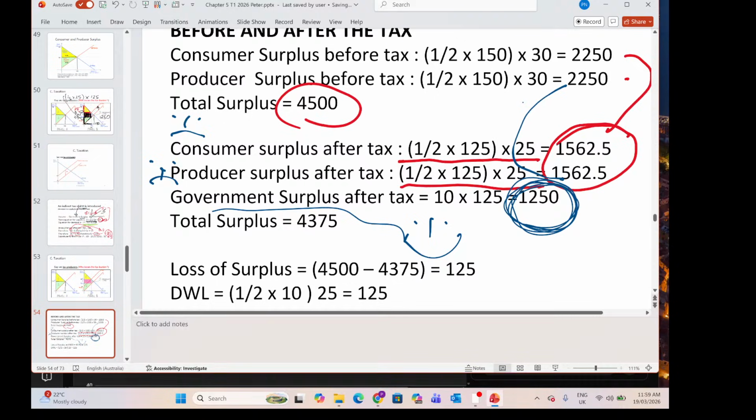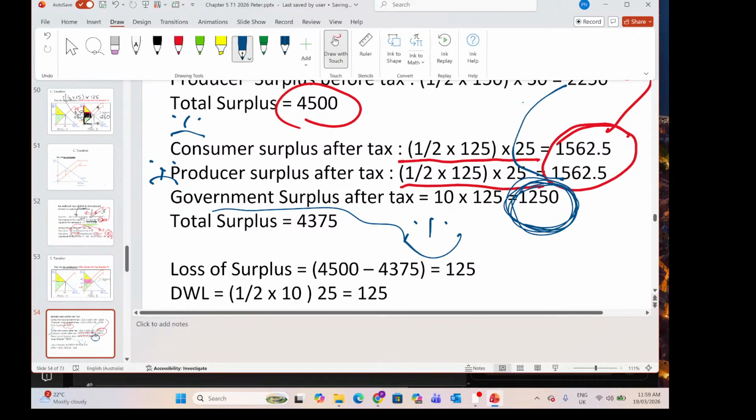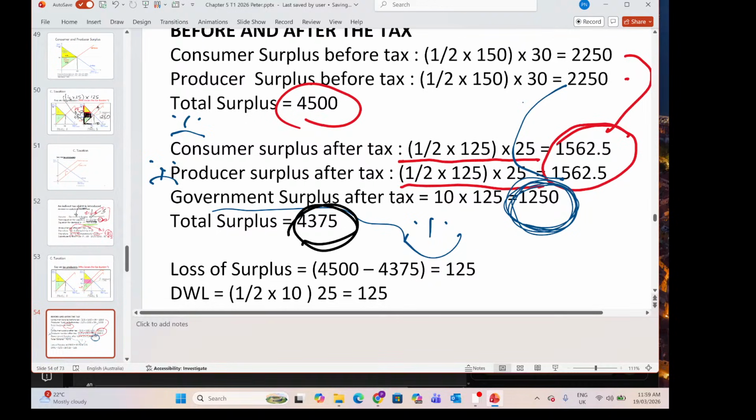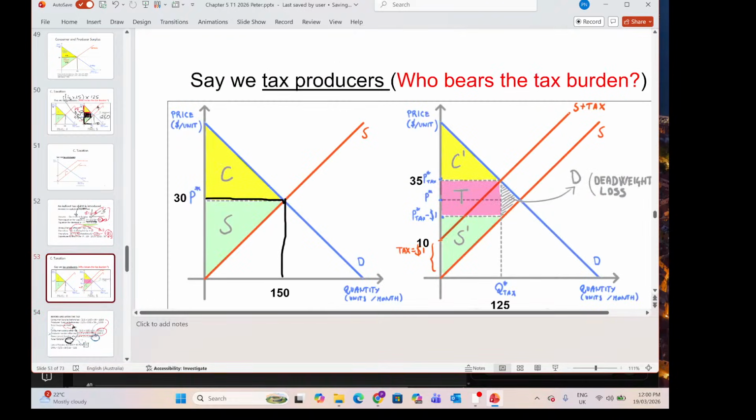But the lesson that we need to take from this is that the total surplus has fallen. The total surplus has fallen by 125. Where is that fall?